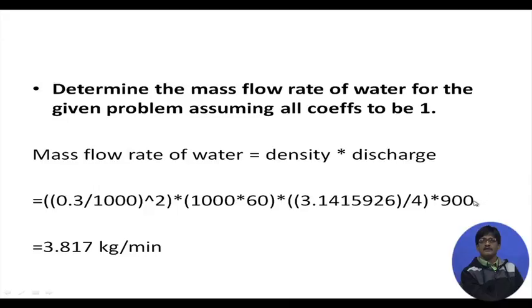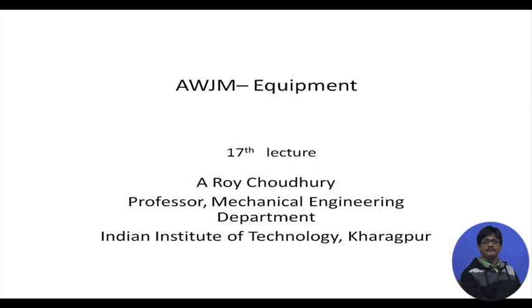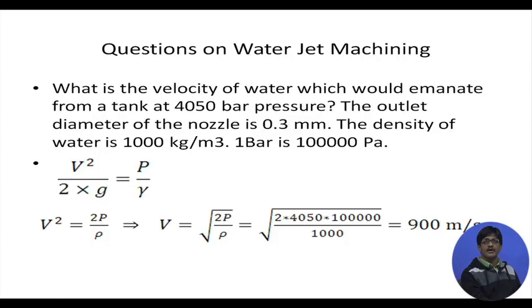This is velocity, 900 meters per second. This one is pi by 4, so there must be a d square somewhere around. Yes, d square. Shall we quickly check what was the discharge orifice diameter? Oh, the outlet diameter of the nozzle, not the orifice, sorry.